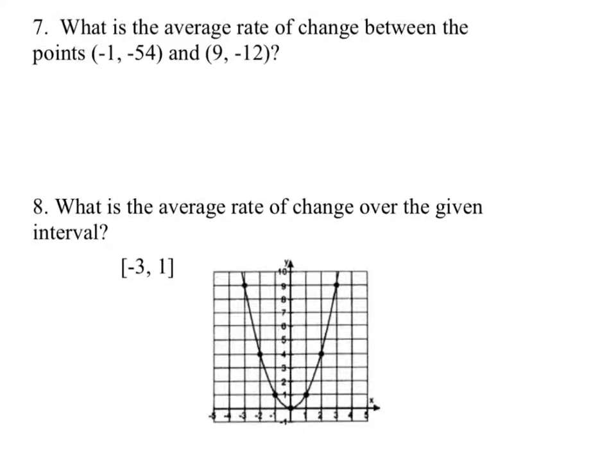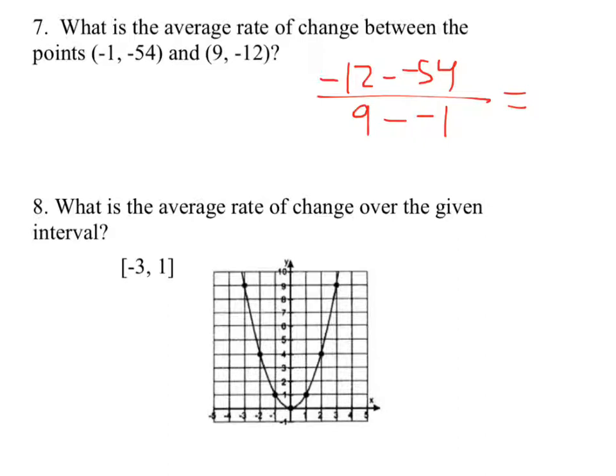Average rate of change between the points negative 1, negative 54, and 9, negative 12. Well, this one's actually a lot easier than figuring it out from a table, but you subtract your y's. So if you take negative 12 and you subtract negative 54, and then you take 9 and you subtract negative 1, that gives you the average rate of change. It's just the slope between the two points.